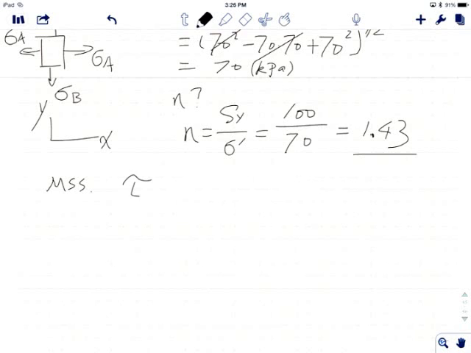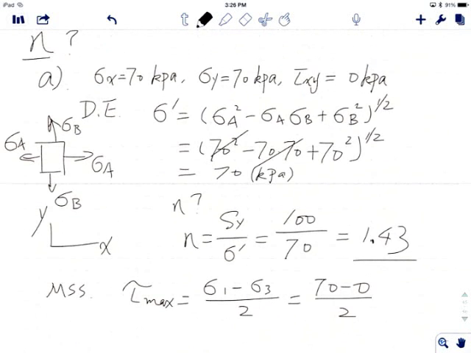So tau max equals sigma 1 minus sigma 3 divided by 2. Then that is equal to 70 minus 0 divided by 2. Because you have 70, 70, and a 0, right?